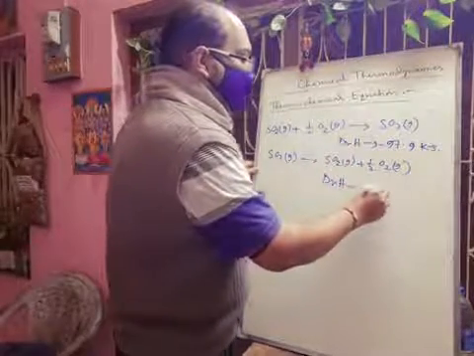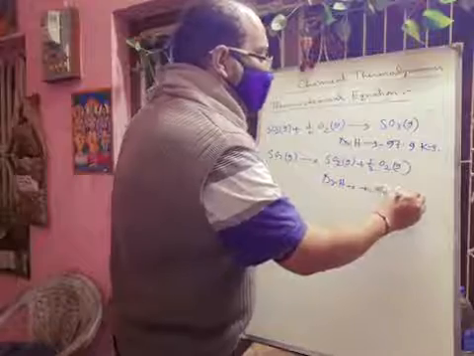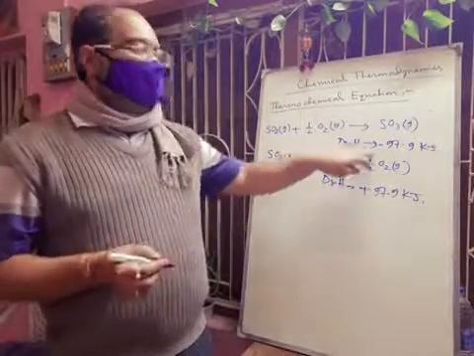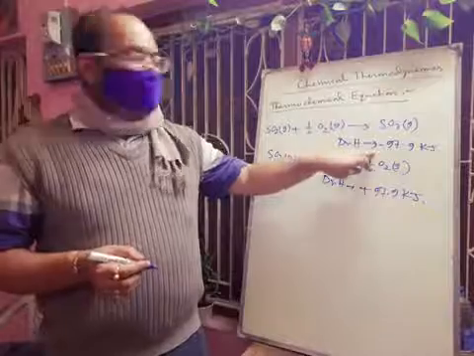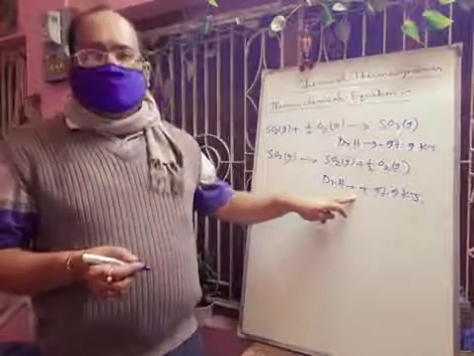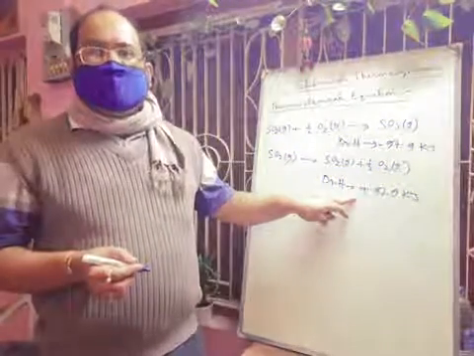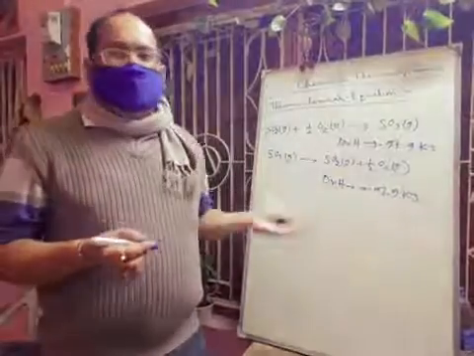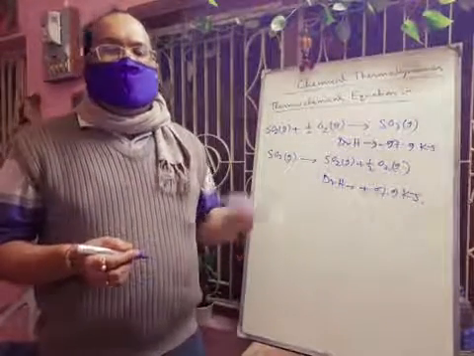So it will be plus 97.9 kilojoule. That you have to keep in mind. This one is the exothermic reaction, but the reverse process is an endothermic reaction. So an exothermic reaction will be an endothermic reaction in the backward direction.